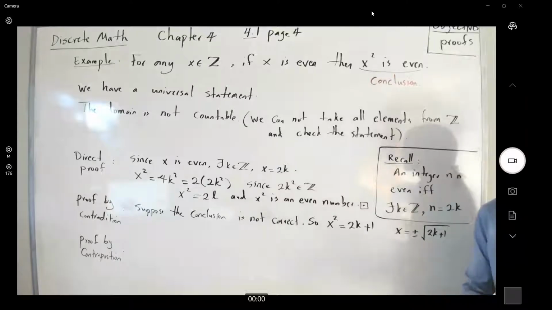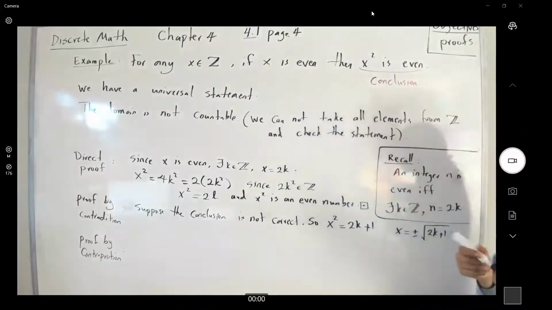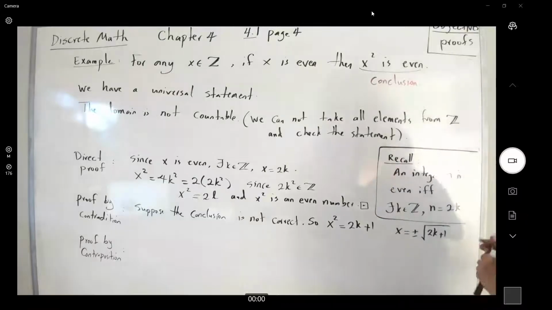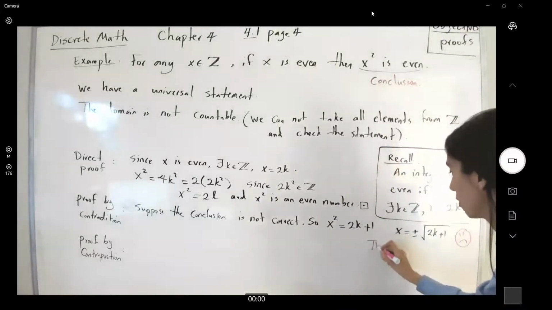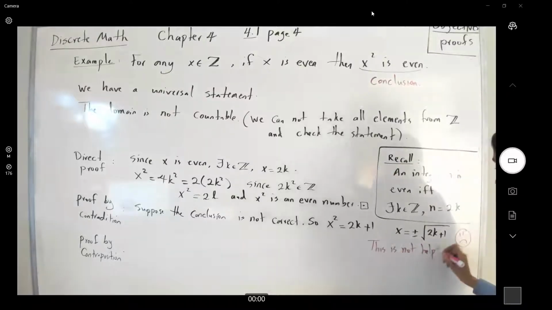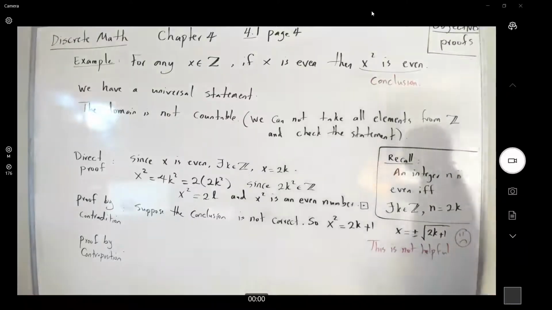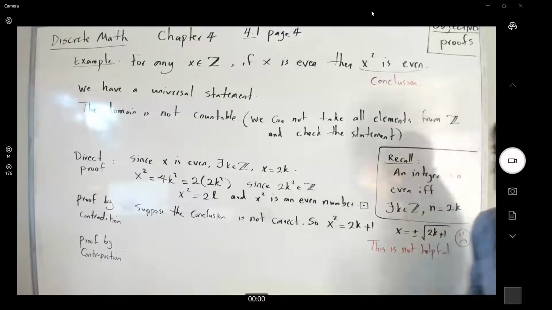Since I don't have an integer, I cannot work with my hypothesis. So this is not helpful. Not helpful. I'm not going to use proof by contradiction because it's not helpful.